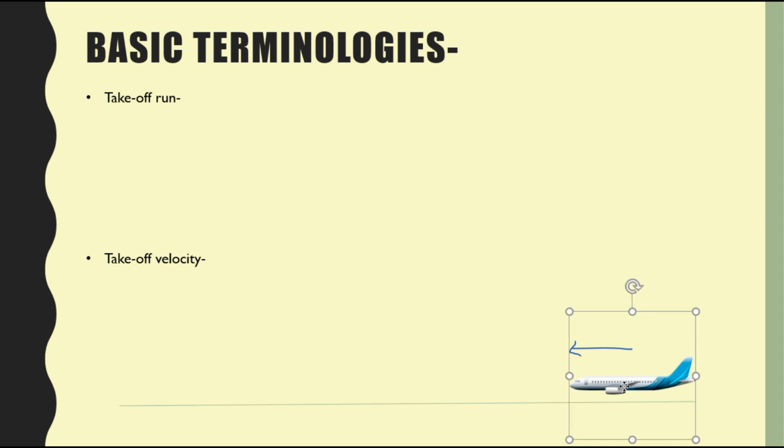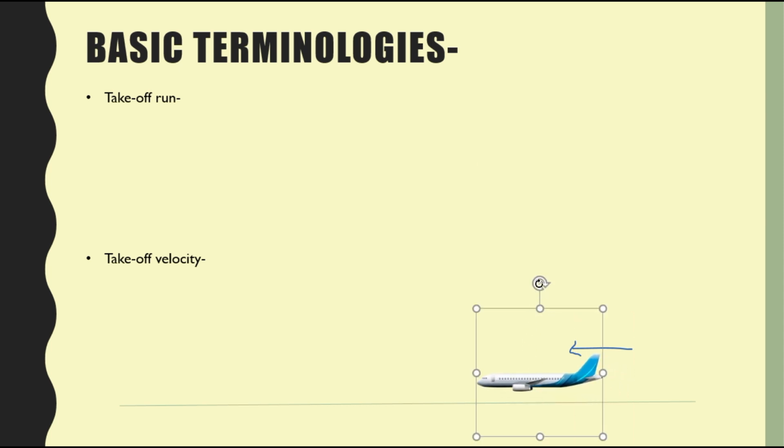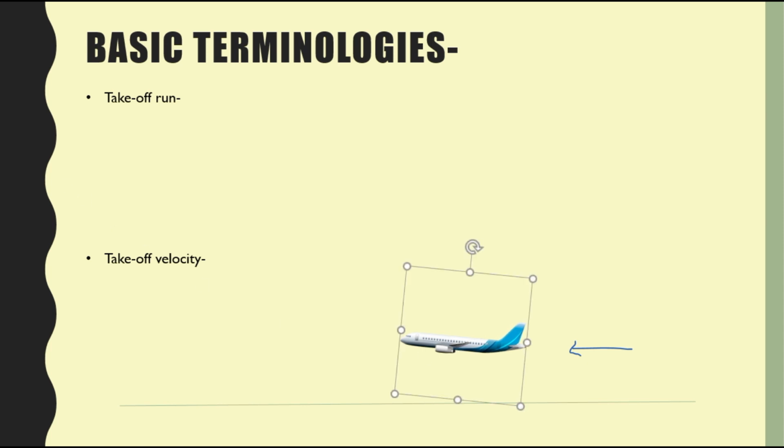So the plane starts moving in this direction. Now as soon as the plane has traveled some distance and acquired some velocity, we change its angle of attack to 2 to 3 degrees, which gives an increase in its lift, and it starts soaring.